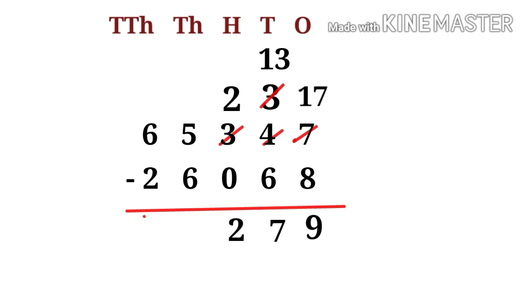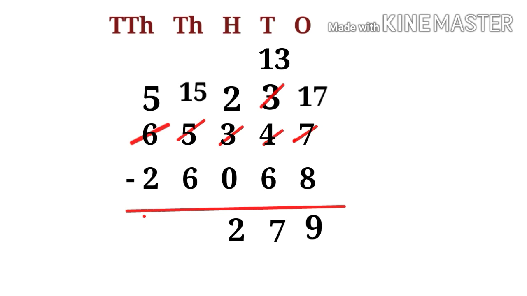Next, thousands place digits, that is 5 minus 6. 5 is lesser than 6, so we cannot subtract. Then borrow 1 from the 10,000 place, that is 6 is reduced by 1 and it becomes 5, and thousands place digit 5 is increased as 15.